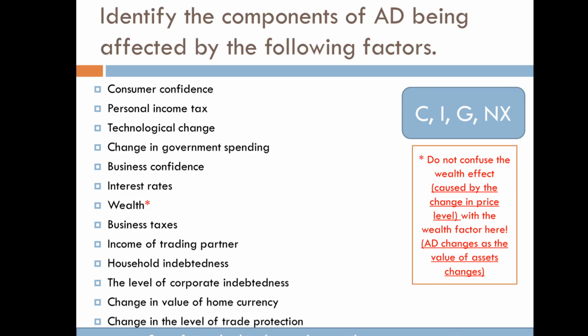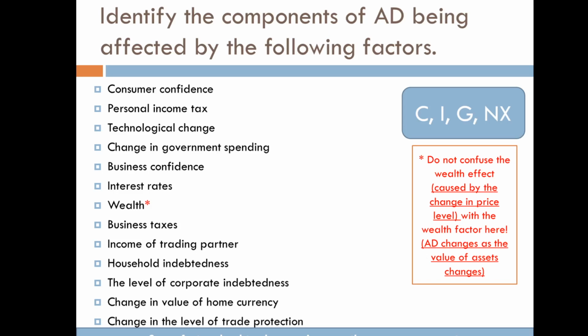It's 3 o'clock. Sorry to interrupt, but I want to ask, would the business tax and personal income tax also affect the government because it's also part of government revenue? Yeah, that's true. But that will be a bit more indirectly affected. So here, we try to focus on the most direct impact to the AD components.